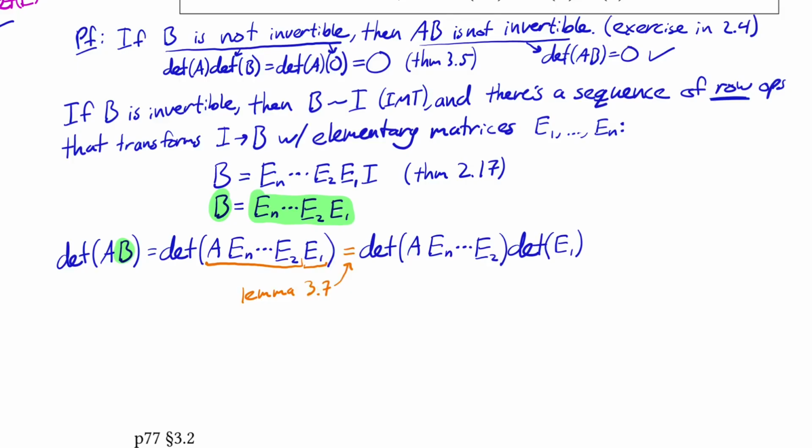And then we can repeat this process again to get the determinant of E2 off of this. This time E2 is an elementary matrix, and then everything else, E3 all the way back up to A, is another matrix.